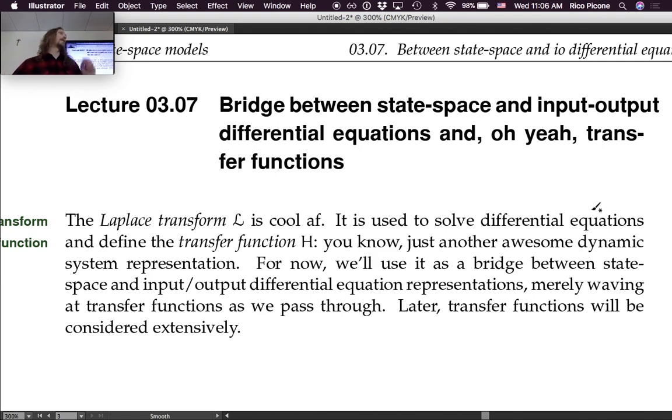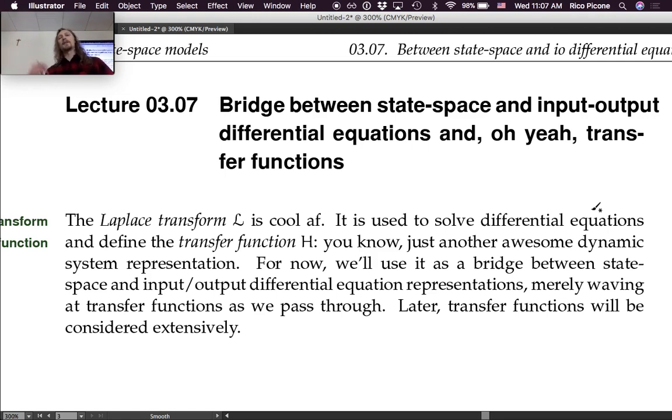So input-output differential equation is one mathematical model representation. State space model is another mathematical representation of the system. And we're going to pass by one on the bridge halfway in between the two, just because we happen to.